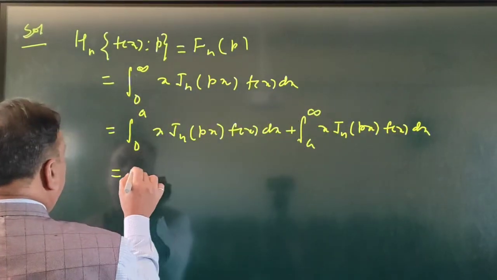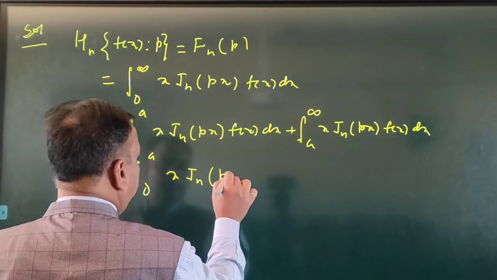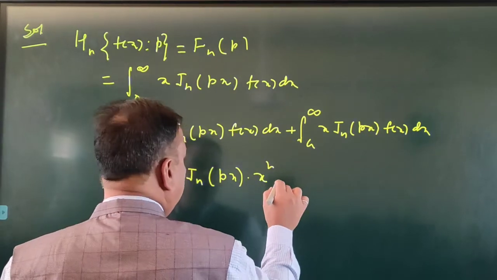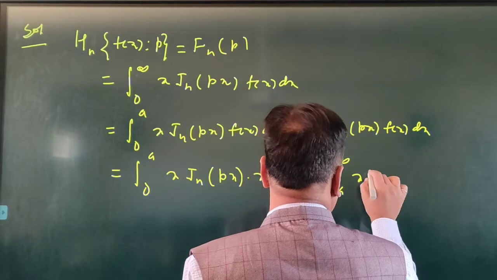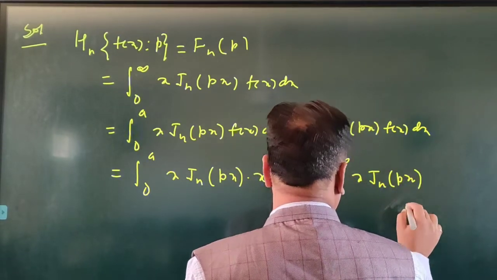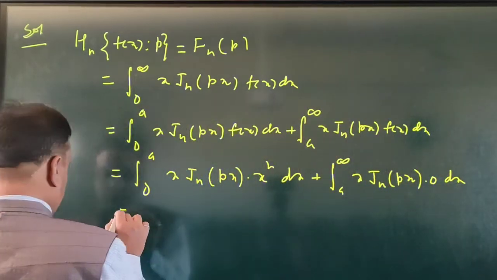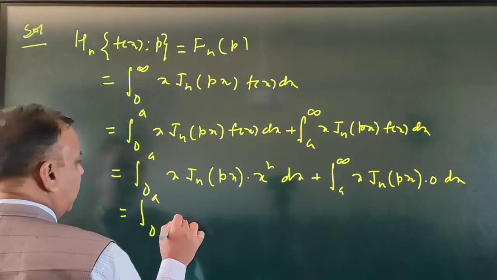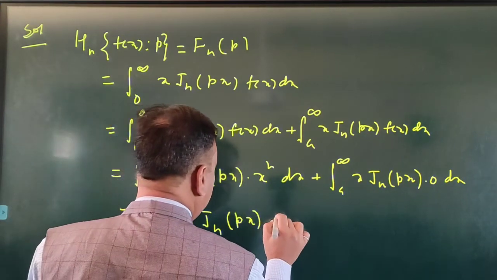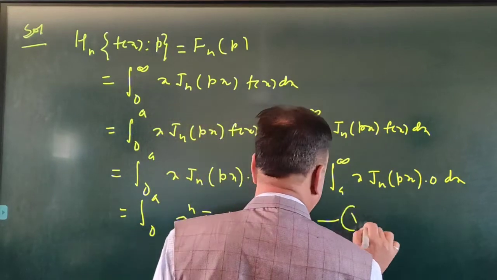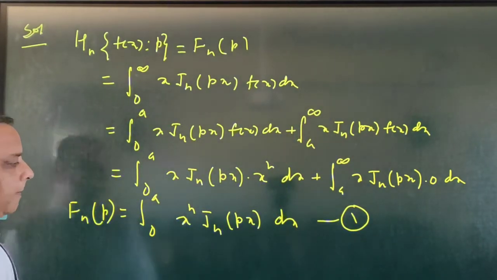In the interval 0 to a, the function is x raised to n, plus the integral from a to infinity of x J_n(px), and in this interval the function is 0. So we remain with the integral from 0 to a of x raised to n x J_n(px) dx, equation number 1. This is f_n(p).